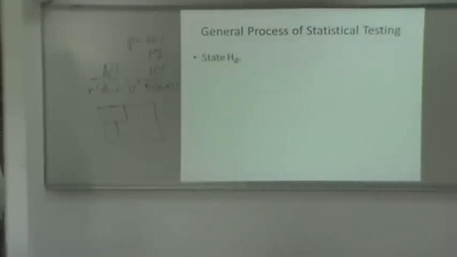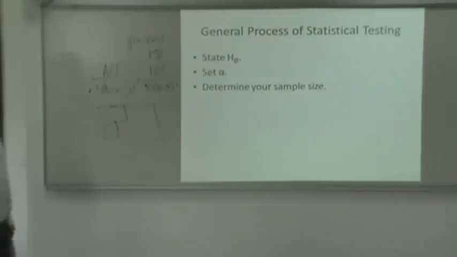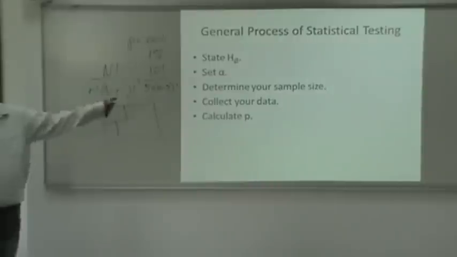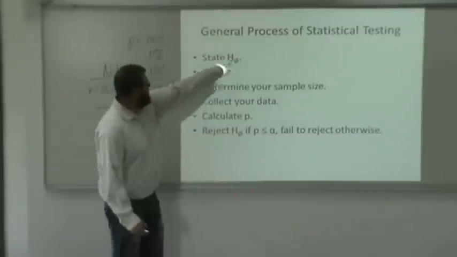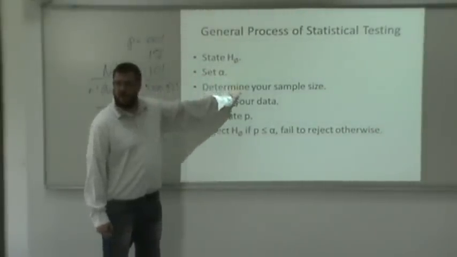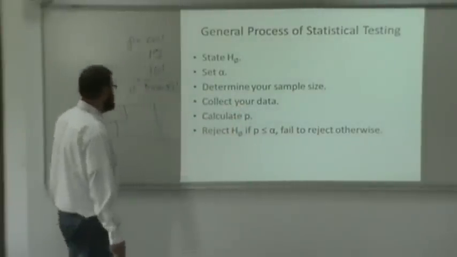So the general process of statistical testing is to state the null hypothesis. We're going to set our alpha. We are going to determine our sample size. We are going to collect our data. Then we're going to calculate p, right? We can calculate p because we have the parameters provided by the null hypothesis and our sample size. We also have the descriptive statistics provided by our data collection.